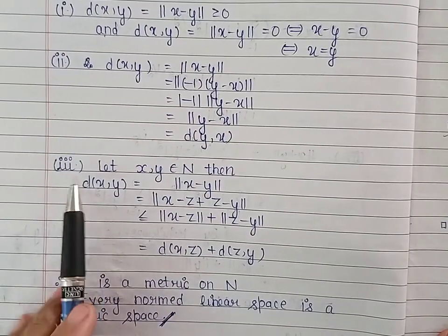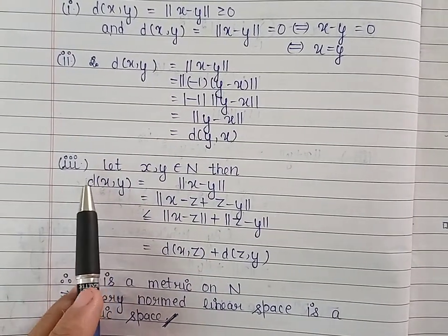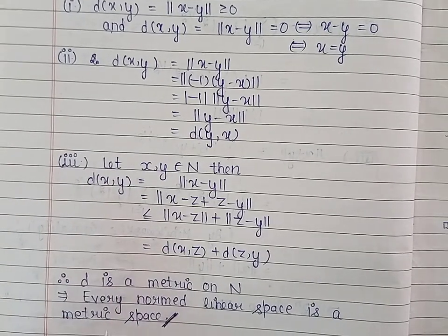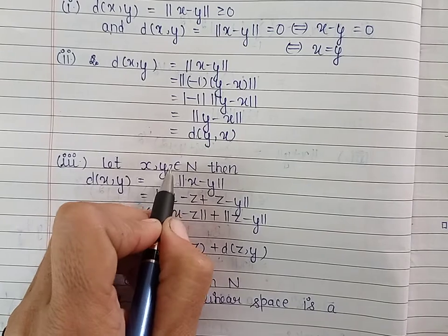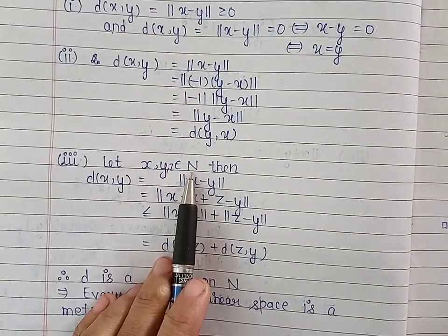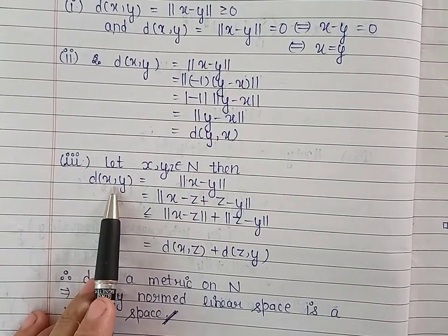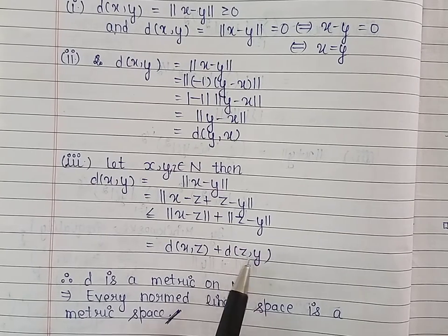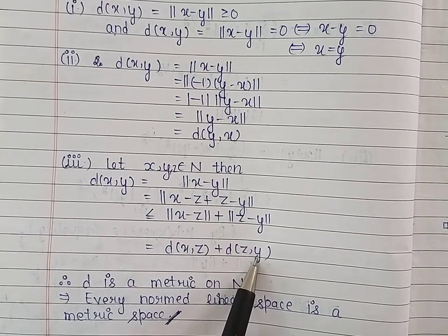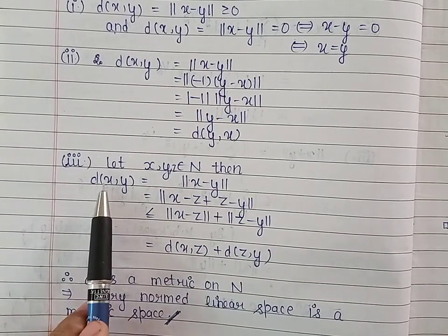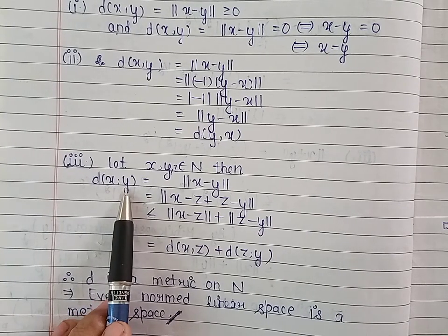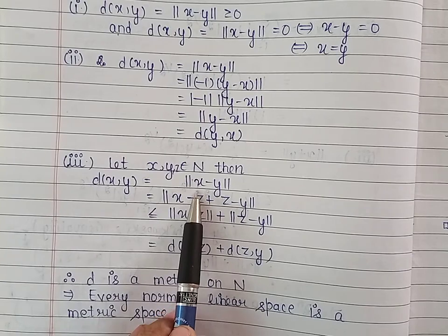Next property is the triangle inequality. We have to prove that if we take three elements x, y and z belonging to N, then the distance between x and y is less than or equal to the distance between x and z plus the distance between z and y. So let us find the distance between x and y. By definition, this is given by the norm of x minus y.